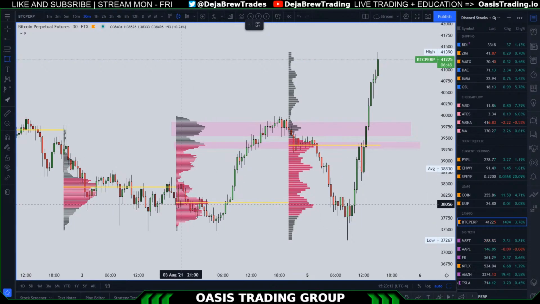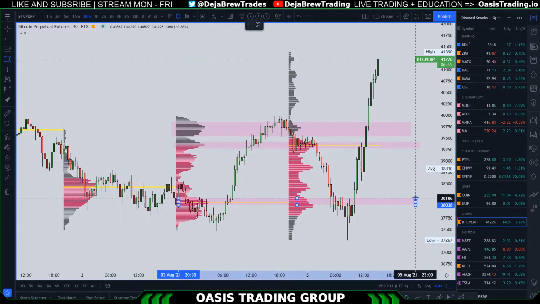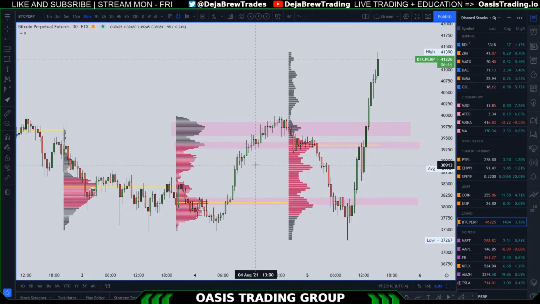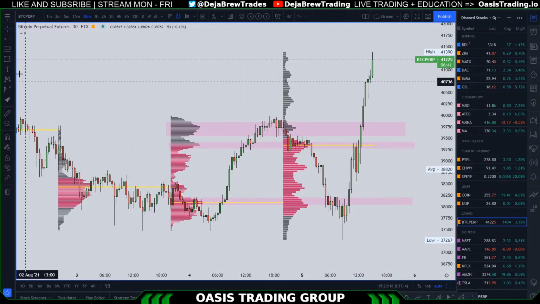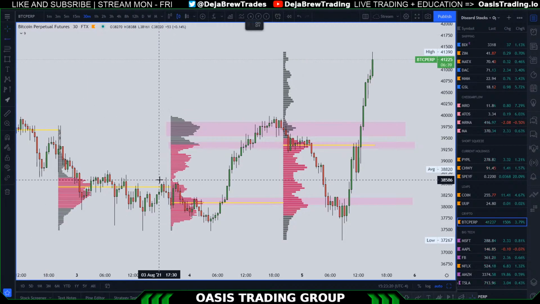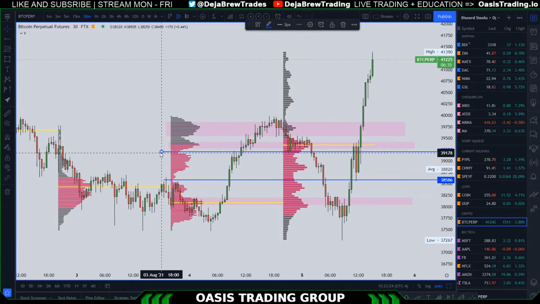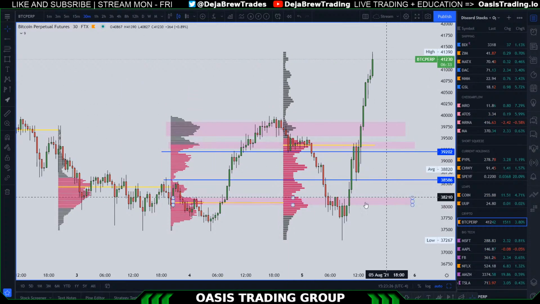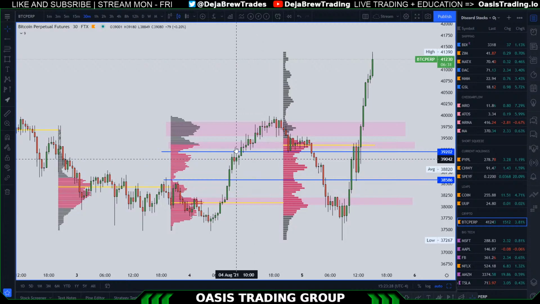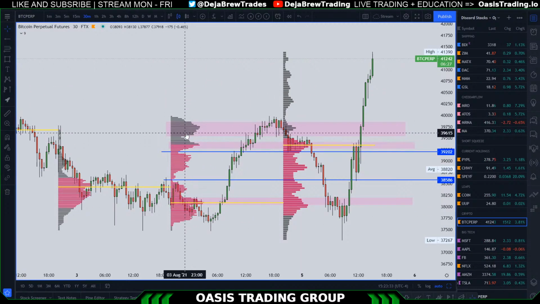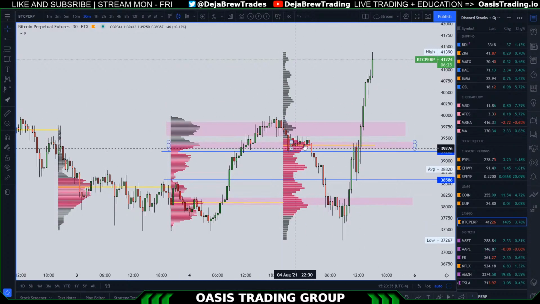And then we have the POC right here. And then we have some volume gaps, right? So we can mark out these volume gaps. So if we ignore today's price action, these are all the very important levels you would have looked for on yesterday's price action. How you could have used those levels.